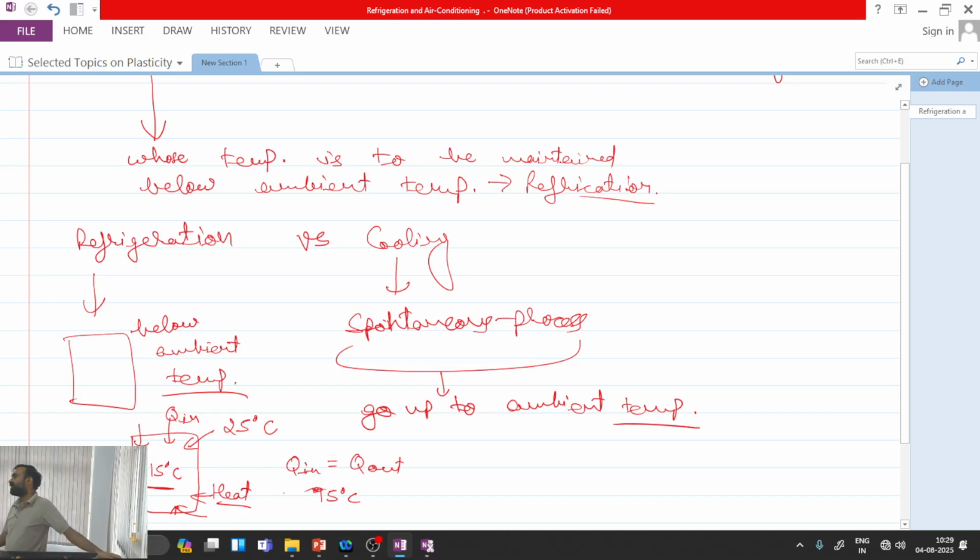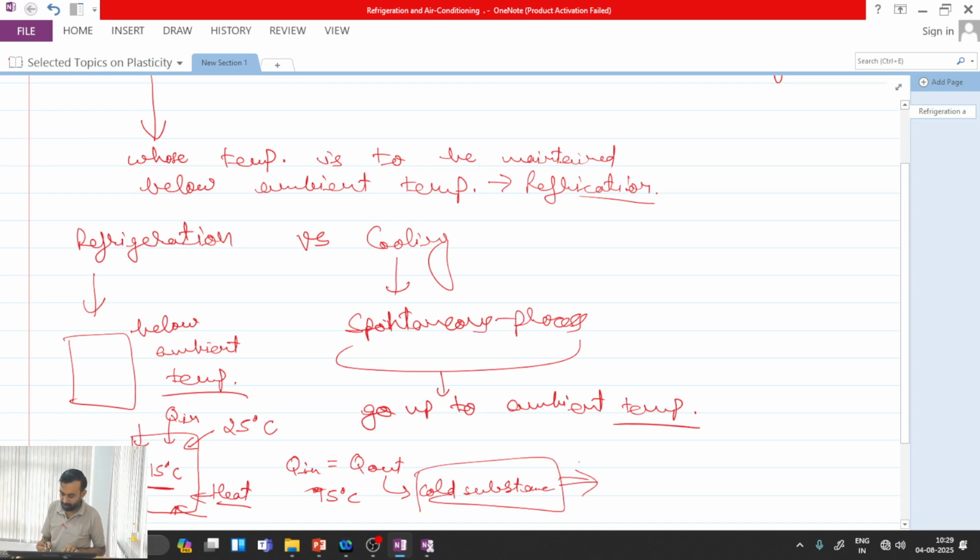Is this one clear? Of course, whenever we are transferring heat from 15 degrees Celsius, somewhere we have to dump this heat. Ultimately, again we will be dumping this heat into the surroundings only. So here, this Q out amount of heat we are removing from the cold substance, and we are transferring this Q amount of heat to the hot substance, or hot ambient.